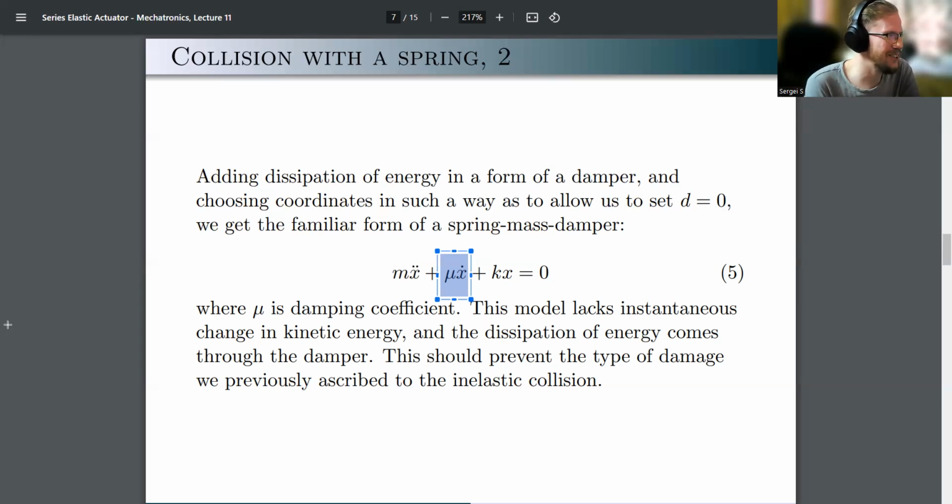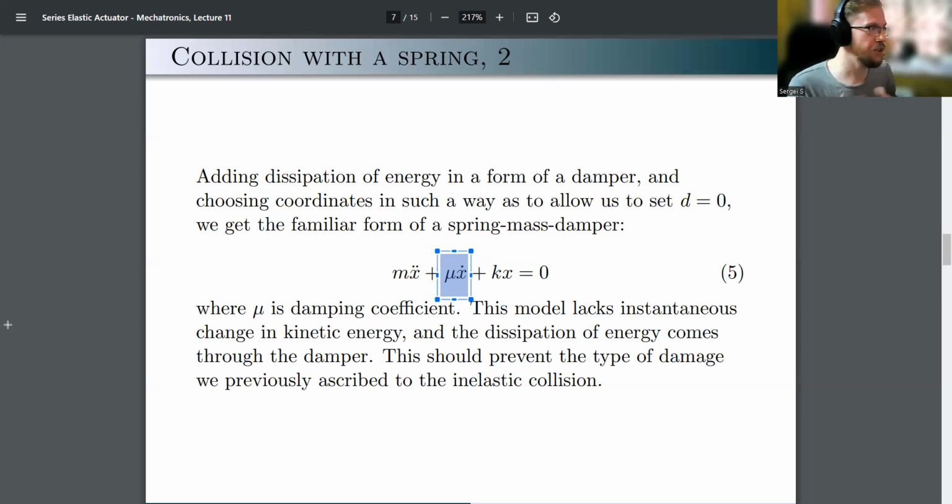No questions about it. Some materials just cannot withstand forces beyond a certain limit. So you cannot guarantee that there will be no damage in this case. But you can at least guarantee that there is no jump of kinetic energy, which is a good indicator that maybe it will be able to survive, there will be no damage, right?